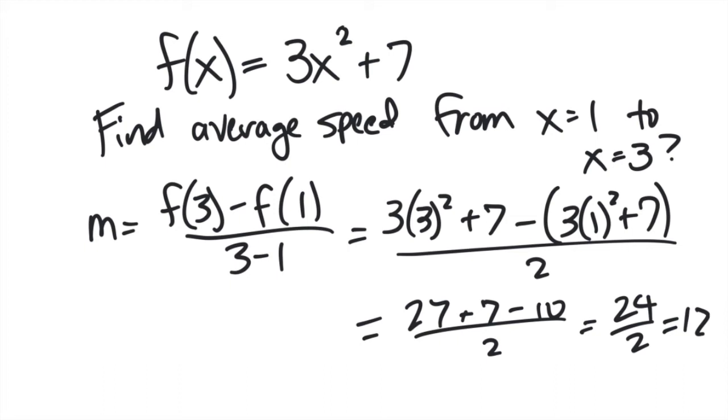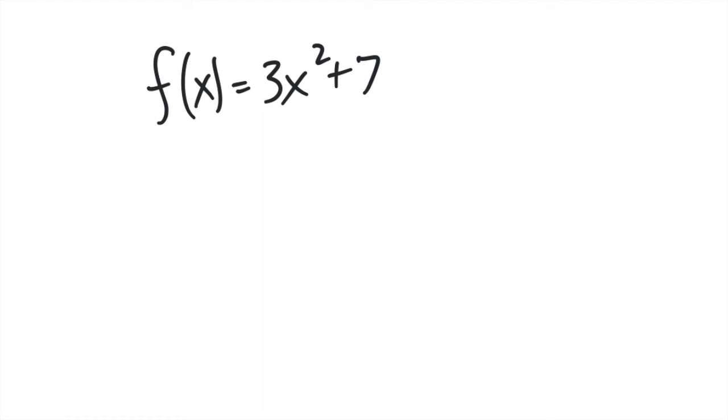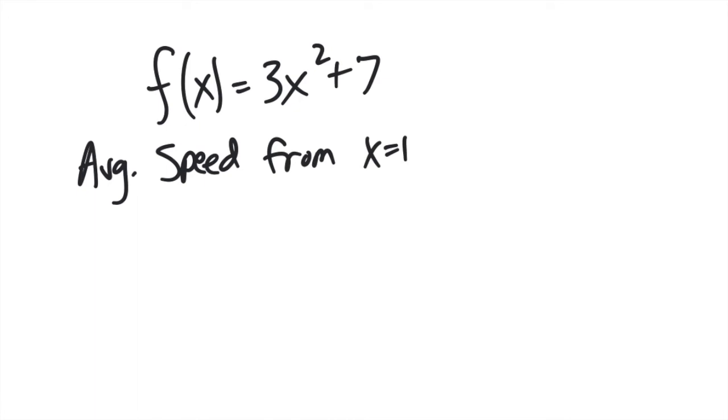Let's take the exact same function, so we have f of x equals 3x squared plus 7, and now let's find the average speed from x equals 1 to x equals 1.1.